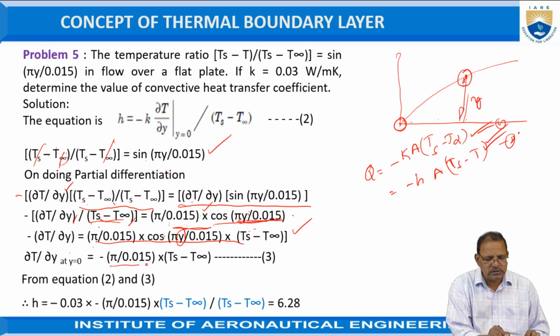So we get pi by 0.015 into (Ts minus T alpha). From equations 2 and 3, H is equal to 0.03 into minus pi by 0.015 into (Ts minus T alpha) divided by (Ts minus T alpha). Both get cancelled, and the remaining value is 6.28.